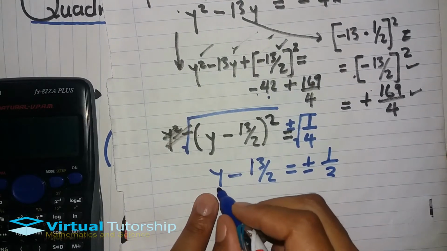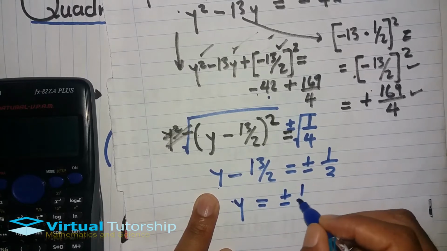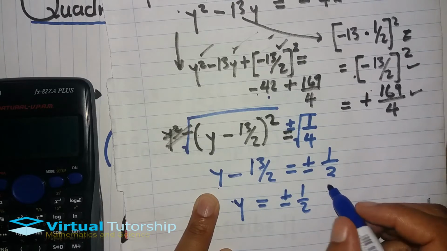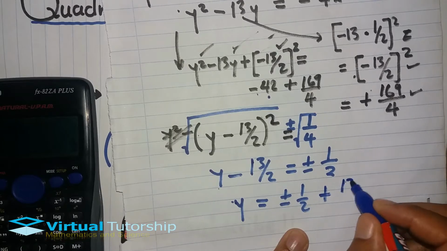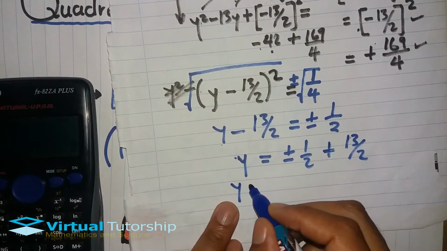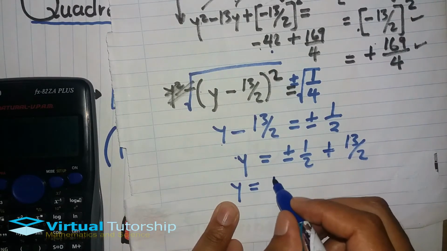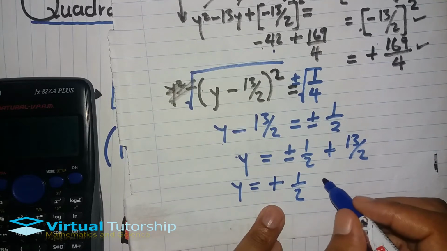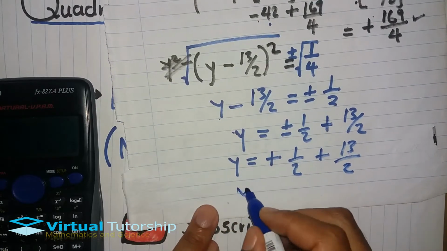Then from here, solve for y equal to plus or minus a half, and 13 over 2 when transposed becomes positive 13 over 2. Therefore, simplifying further, I have 2 solutions because of this plus and minus. It's plus 1 over 2 plus 13 over 2, which is 7.